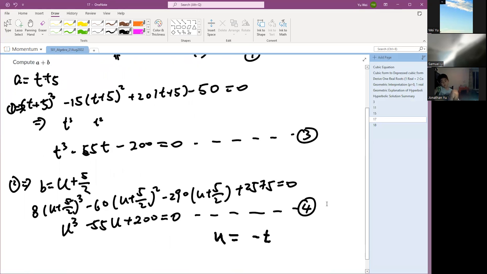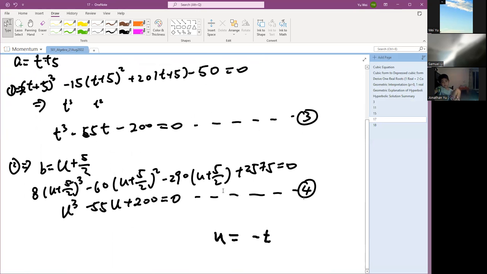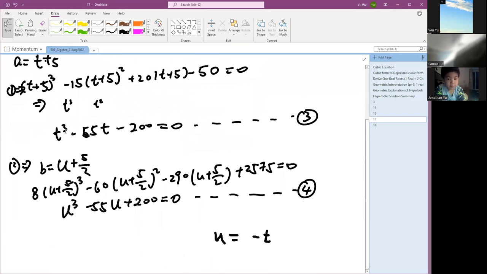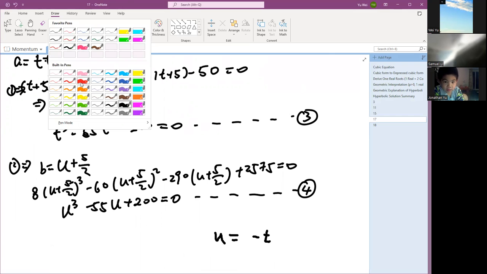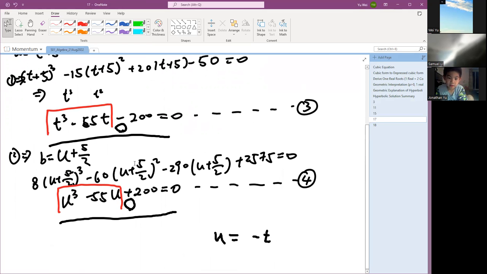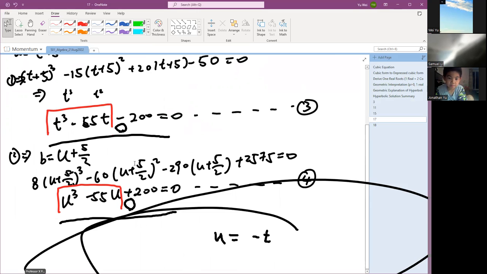Okay, how do we proceed? We need a plus b, right? So Jonathan, notice that this one and this one are exactly the same, except for this section. Did you see this section and the easy section? You see this, right?